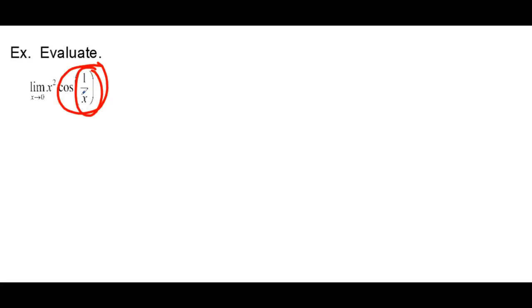Regardless of what angle I'm talking about for cosine, remember the cosine of any angle, whether it be x or 1 over x, always has to be less than or equal to 1, but greater than or equal to -1. Agreed? Well, since that's the case, I know that this function has to be squeezed between -1 and +1.